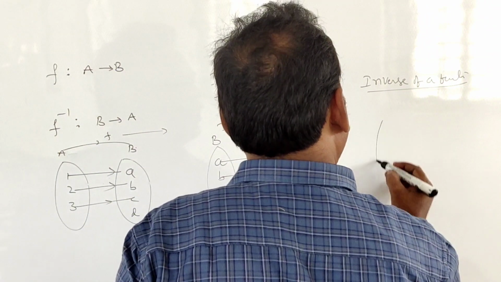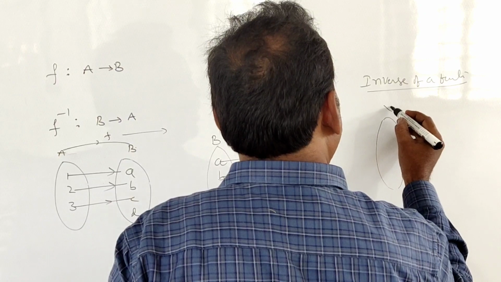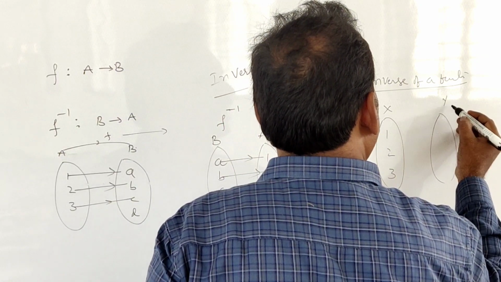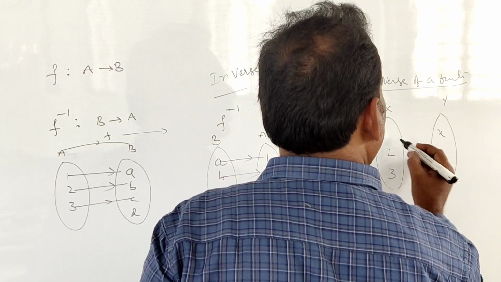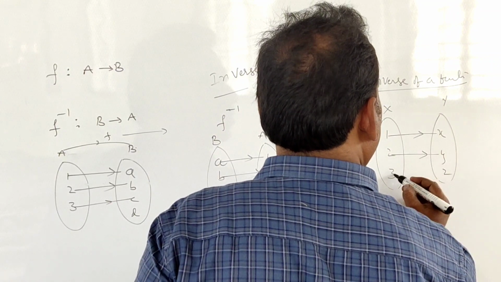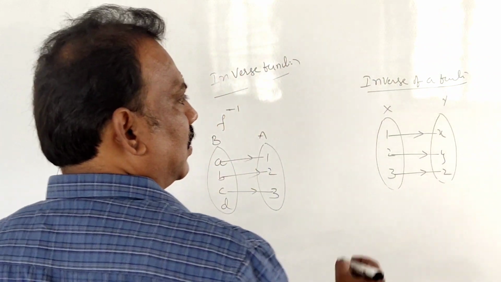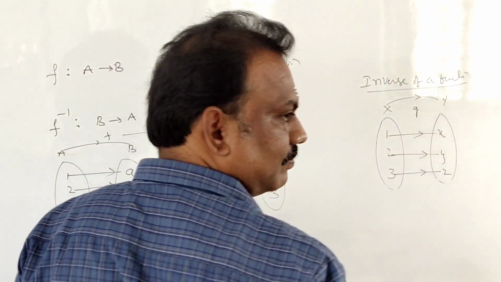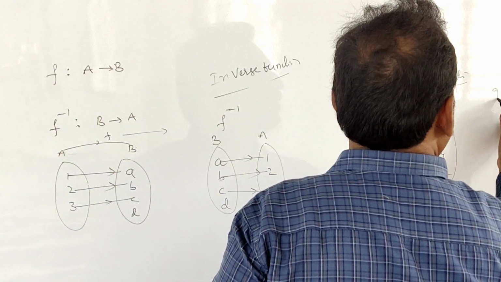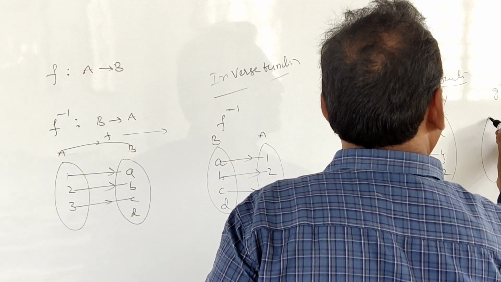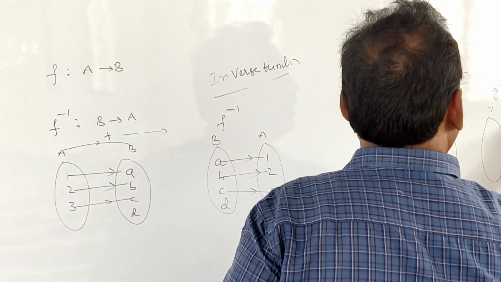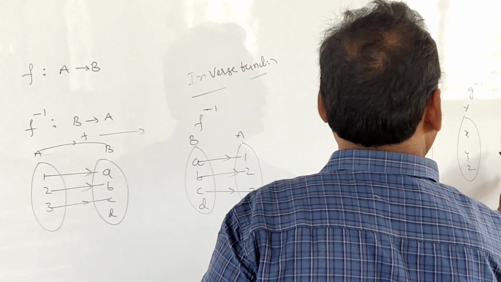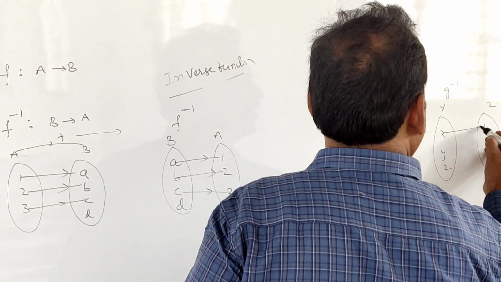Inverse of a function means, for example, I am taking one more example: X has 1, 2, 3 and Y has x, y, z. So now, this is a function. Suppose you take X to Y, this is a function g. If you take g inverse, you will get Y to X, that you know very well, correct or not?